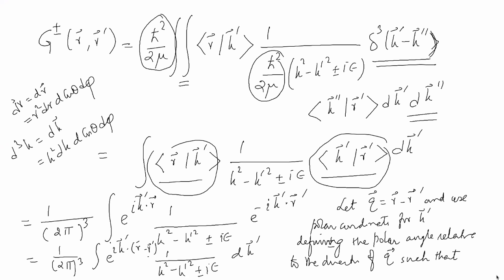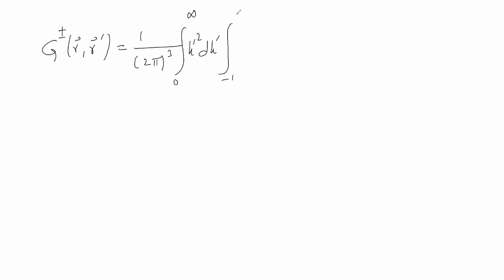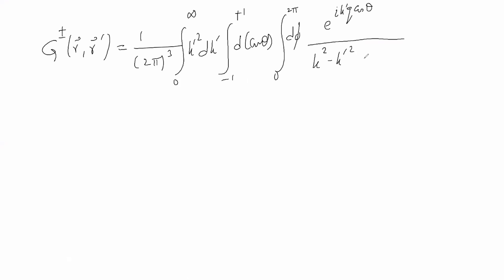Therefore, the expression that you will have is G plus minus r r prime equal to 1 over twice pi cube, integral 0 to infinity K prime square dK prime, integral minus 1 to plus 1 d cosine theta, integral 0 to 2 pi d phi, e to the power i K prime q cosine theta upon K square minus K prime square plus minus i epsilon.